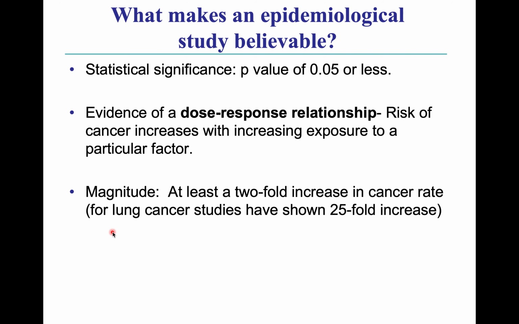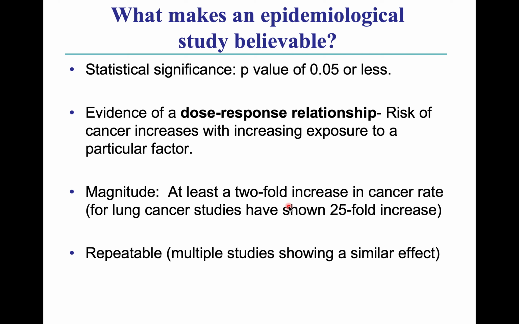Just to give you an example, some of the lung cancer studies have shown that smoking can increase your risk 25-fold. So that's very dramatic. But a lot of times you'll see numbers hovering in that 1 to 3-fold increased risk range. So I'd say you really want to look at things that are twofold or higher.